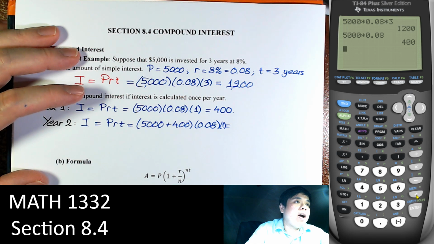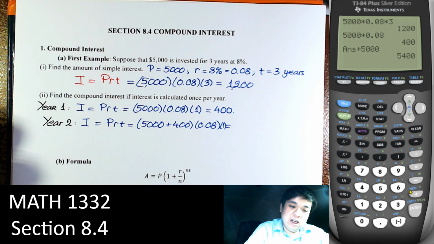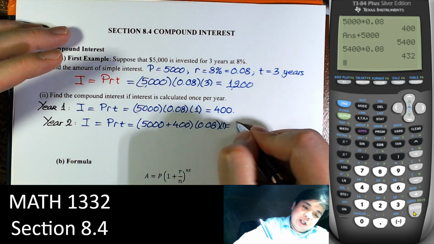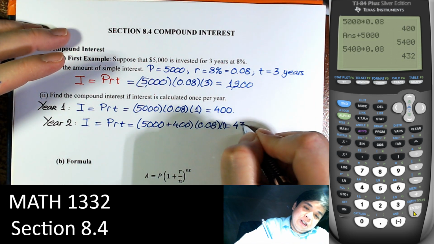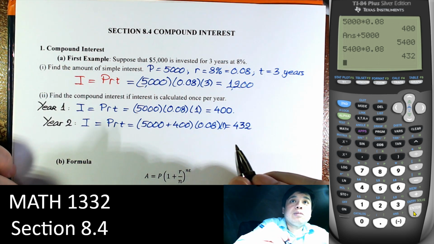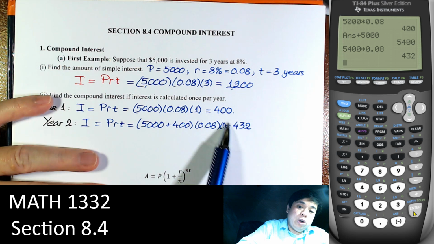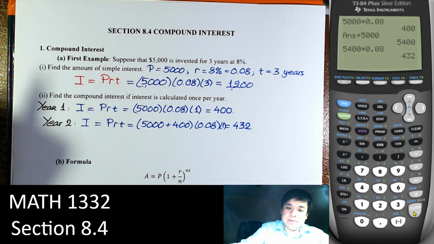So that plus 5,000, that's 5,400 of course. That times 0.08 is 432. So for year 2 alone, we earn 432 interest.